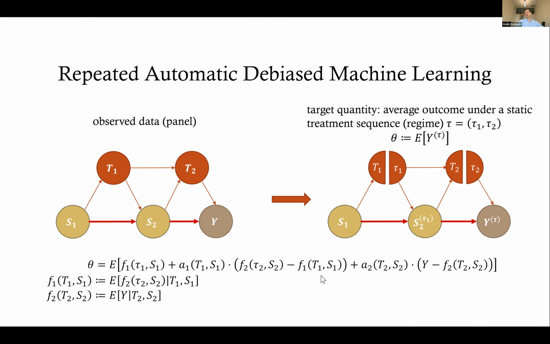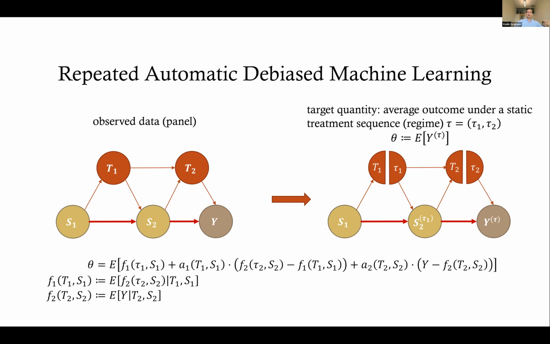So you're going to add one more term over here, where a2 is the Riesz representer of a1 times f2 evaluated at tau2, and it multiplies the residual of f2 with respect to whatever f2 is trying to predict. So in this case, it's going to be y, and now we didn't introduce any new function into our moment, so we're done.